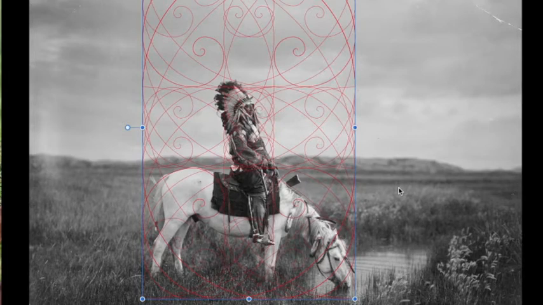Yes, so I think that's a fairly key relationship there. Horse and rider.